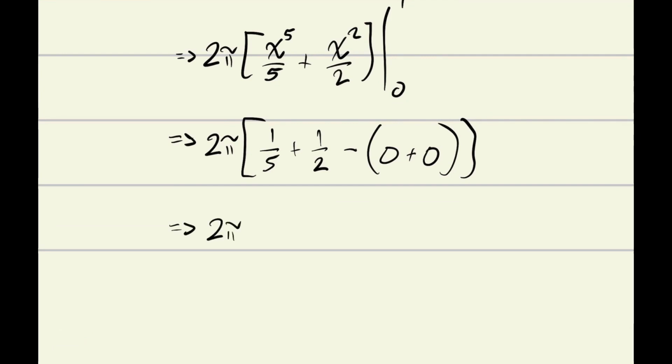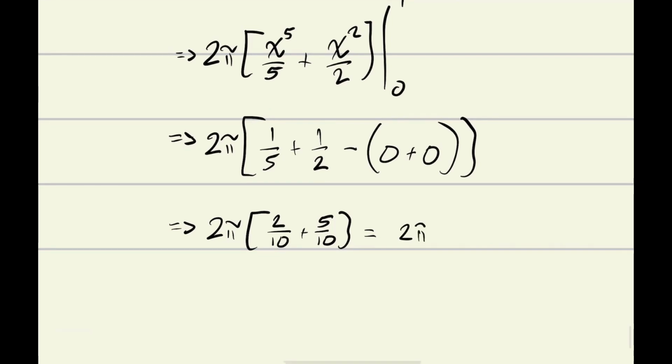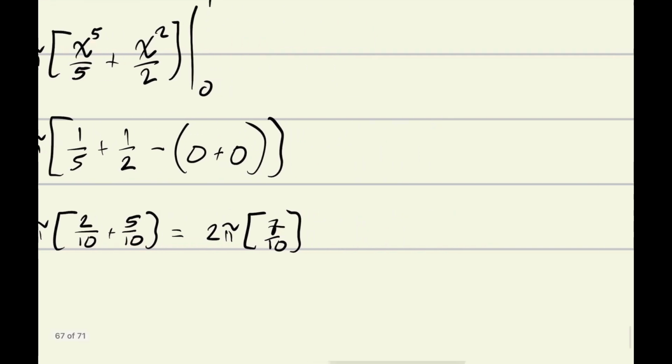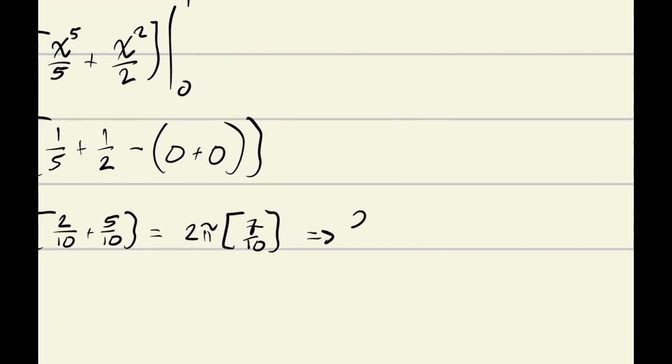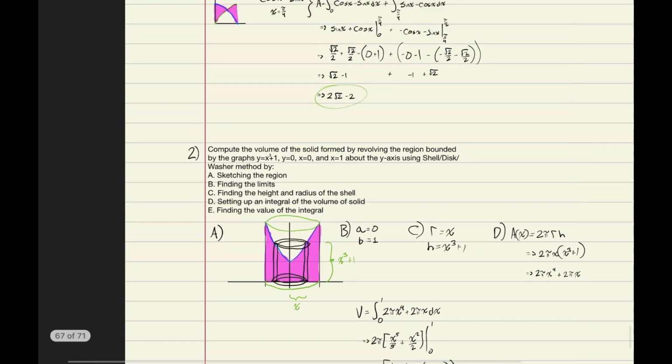So we have 2 pi times, and this is the same as 2 over 10 plus 5 over 10, which equals 2 pi times 7 over 10, which is the same as 7 pi over 5. And those are our first two questions.